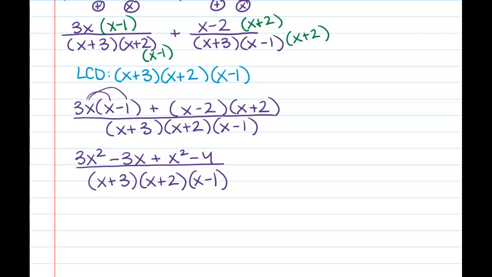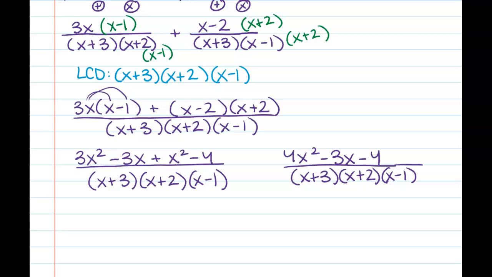Simplify one more time. 3x squared plus x squared is 4x squared. And then we have minus 3x minus 4 all over x plus 3, x plus 2 times x minus 1. And there's our answer.